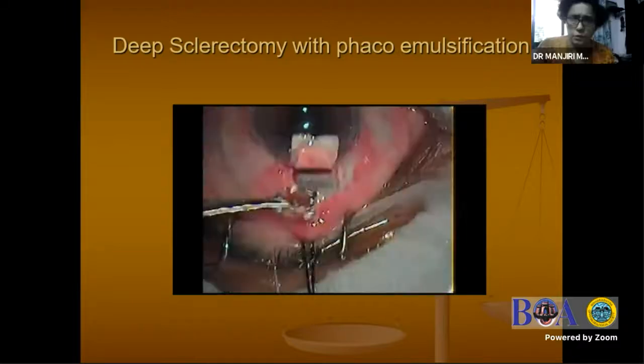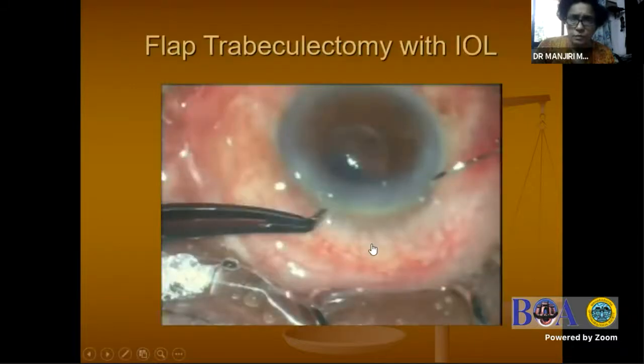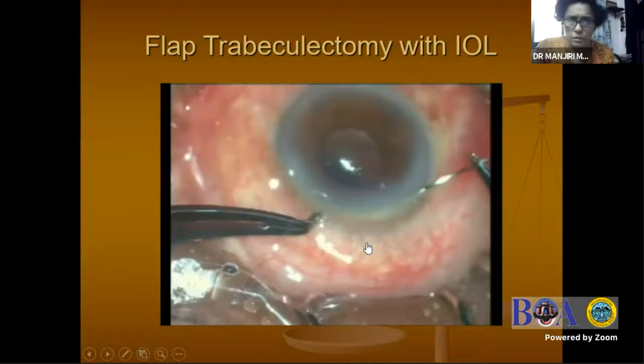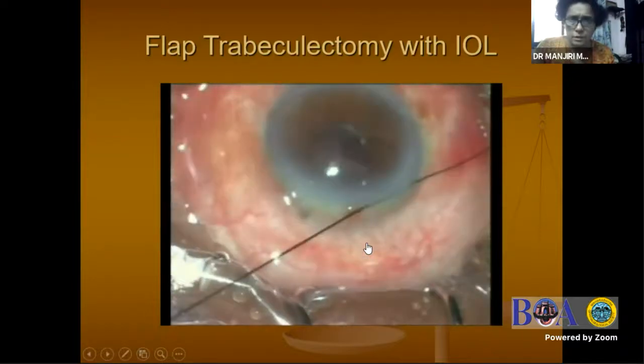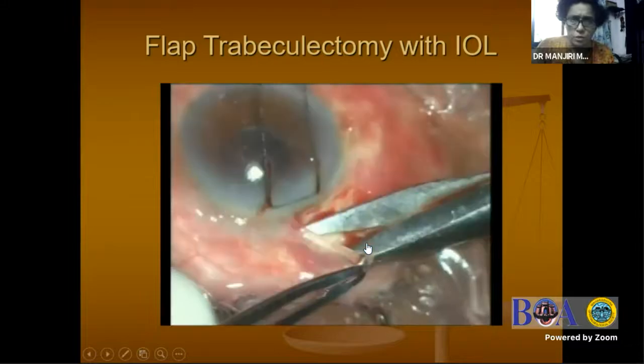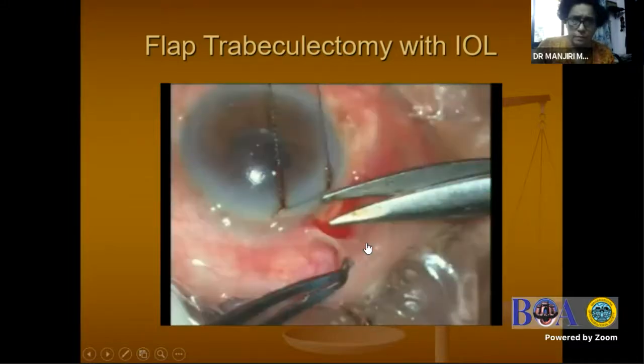Here the deroofing of the Schlemm's canal is done. This is a flap trap with trabeculectomy. After finishing cataract surgery, corneal traction suture is taken. Again, fornix-based flap.